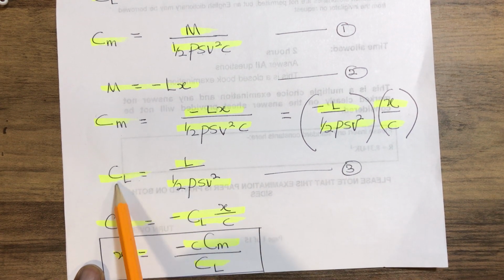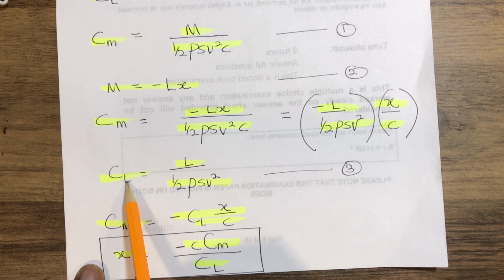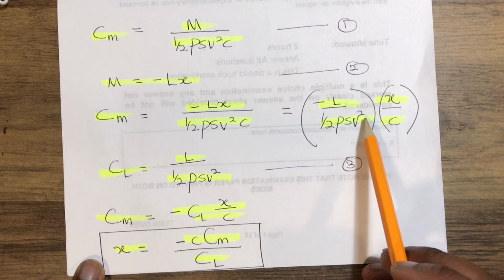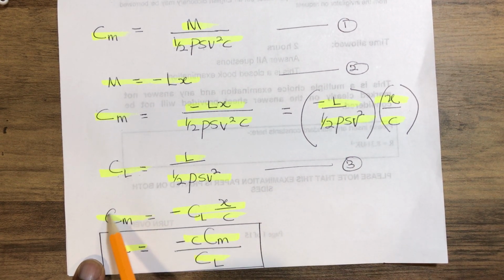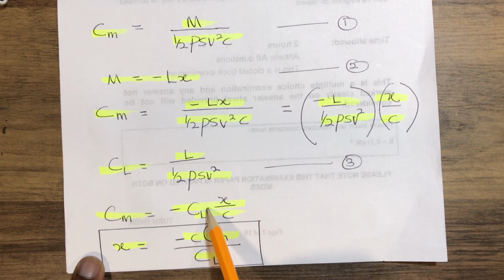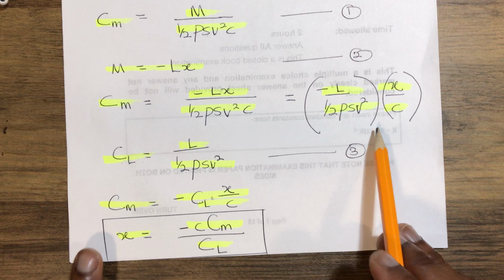So, knowing fully well that this coefficient of lift, we have it here, we can substitute it into our previous equation to have our coefficient of moment equals negative CL multiplied by x over c.